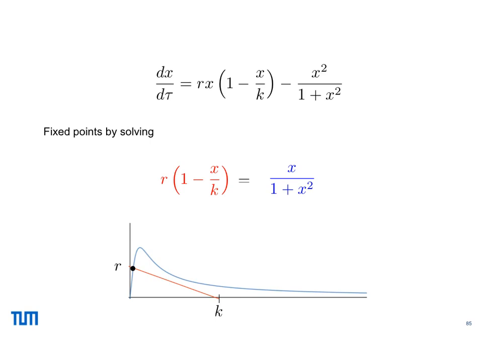This is the first thing, so this K. And R is the growth rate, how fast the budworms just grow, okay? And you will see that depending on the number of intersections between these two functions, we will have a given number of fixed points.